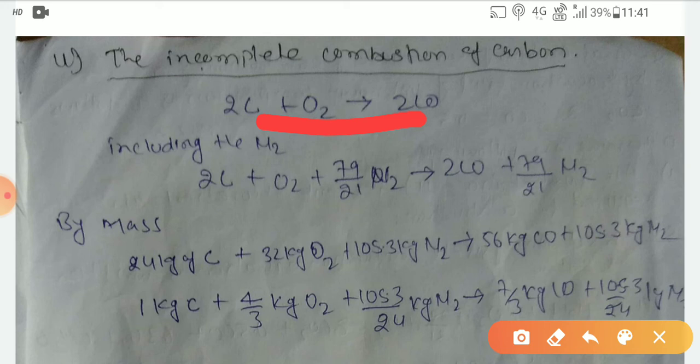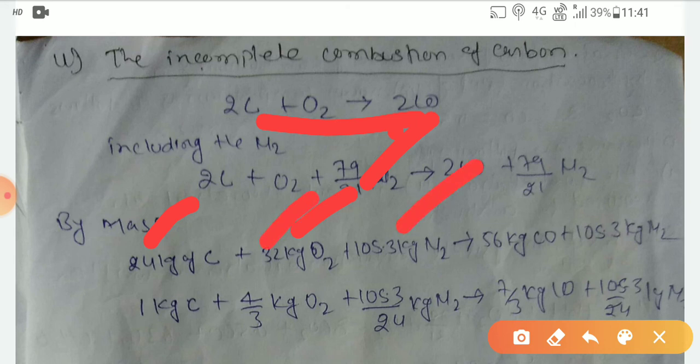If I include nitrogen, then you can write it like this. I am going to write on the basis of mass, so 2 moles of carbon with molecular weight 12 means 24 kg of carbon, plus 1 mole of oxygen with molecular weight 16, so 32 kg of O2.